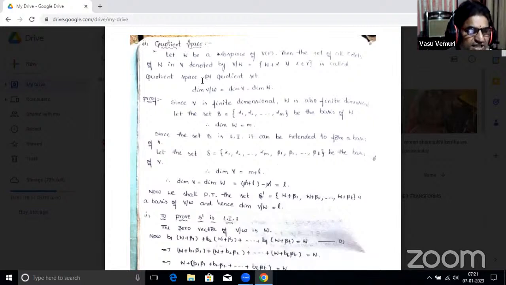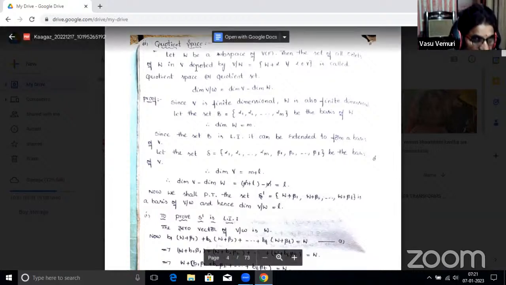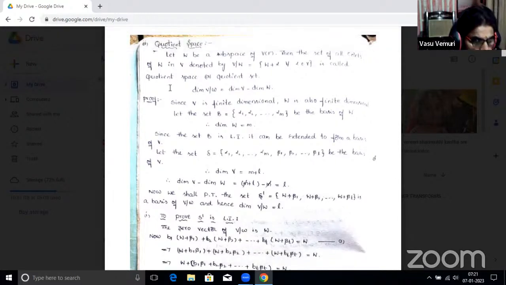Okay, now see this one. The union of all right cosets, the union of all left cosets, is a vector space. That's a simple representation. So finally, the set of all left cosets or right cosets forms a vector space with respect to vector addition and scalar multiplication.